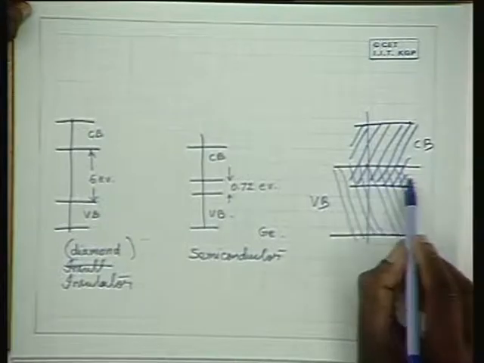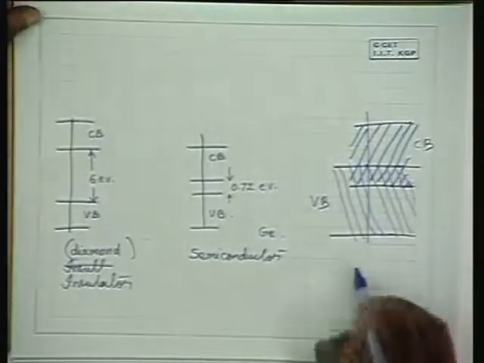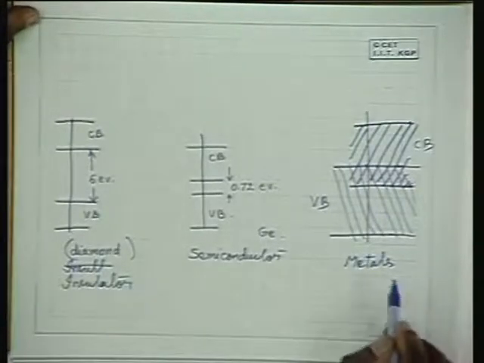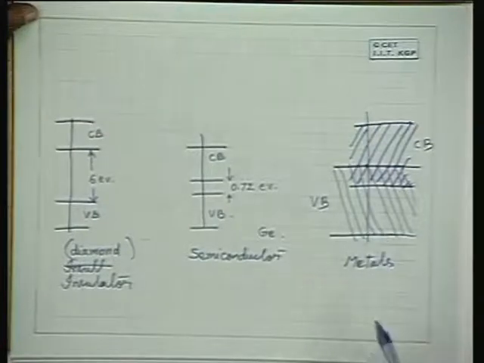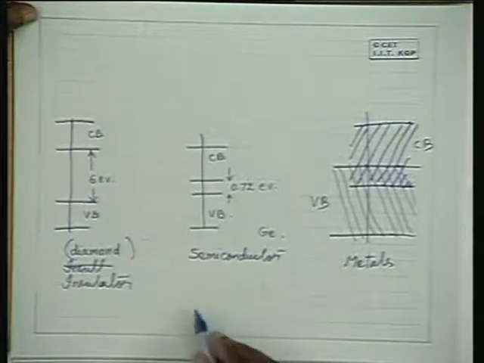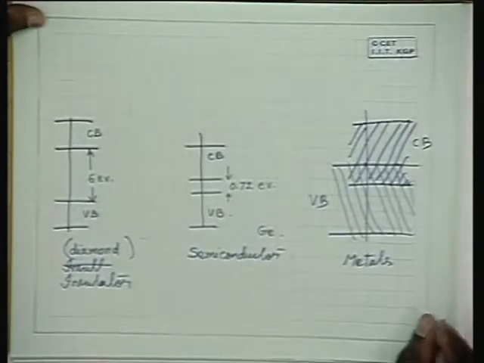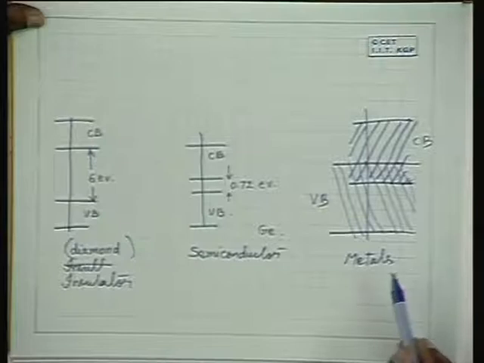So the valence electrons themselves are available for conduction. This is what happens in metals like copper, silver, and so on. This is the band structure of insulators, semiconductors, and metals.